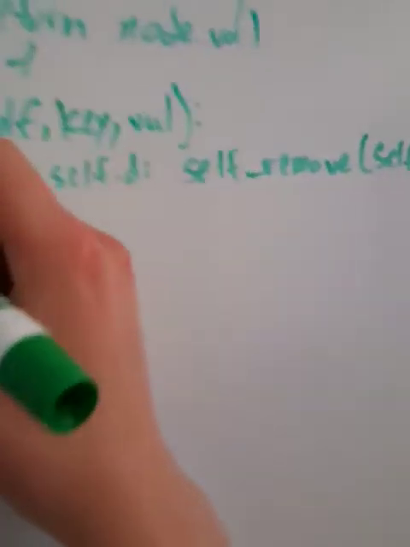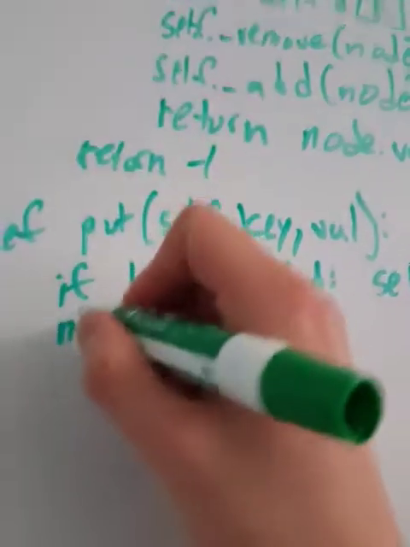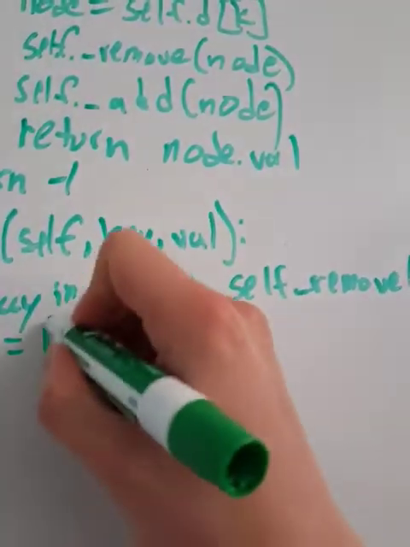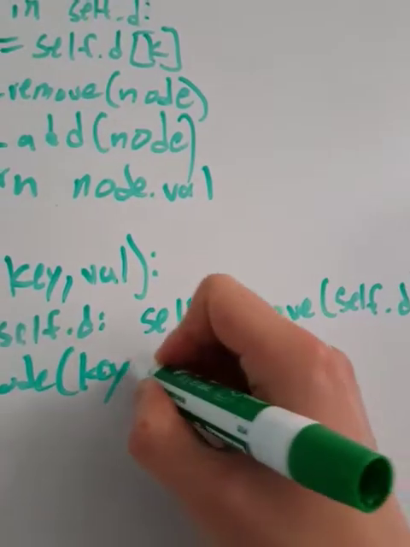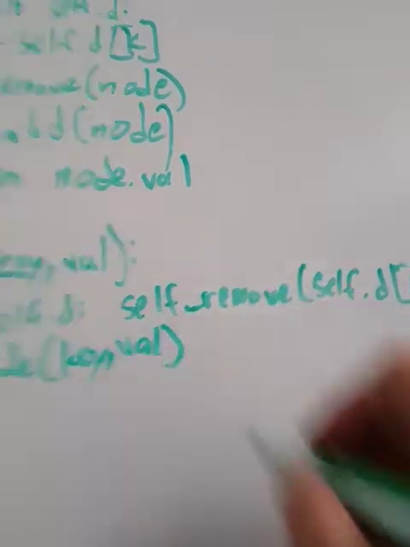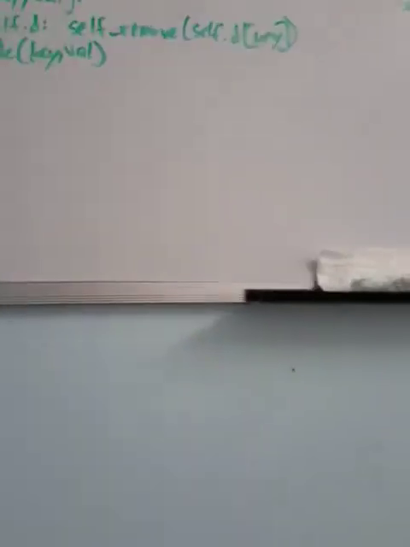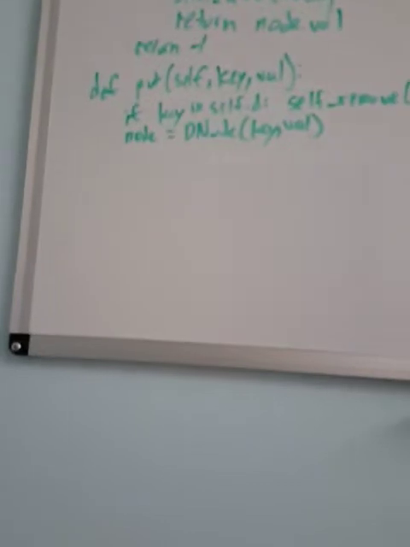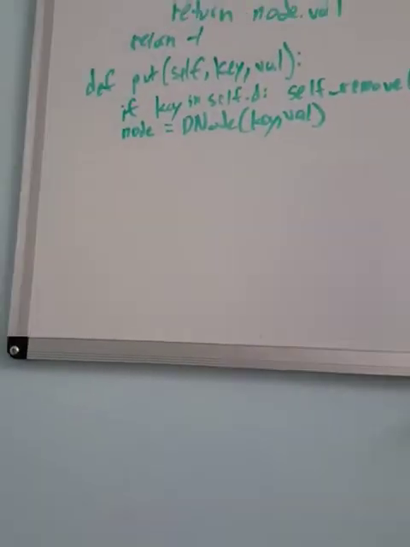And then regardless of whether we removed it or not, we need to define a new node. So let's say node is equal to DNode of key and value. So now we have this new node, and then we are going to add it into our cache.